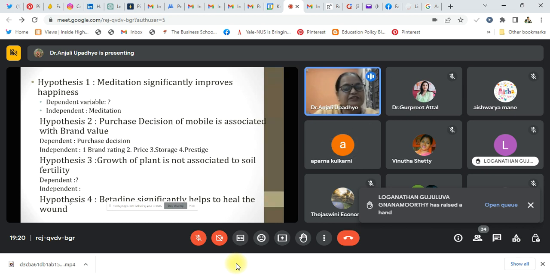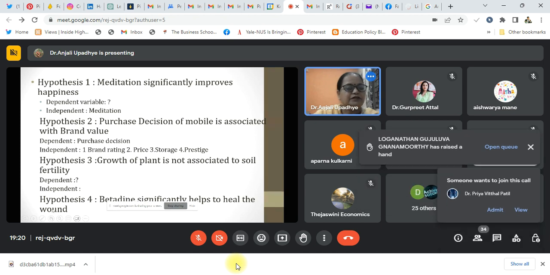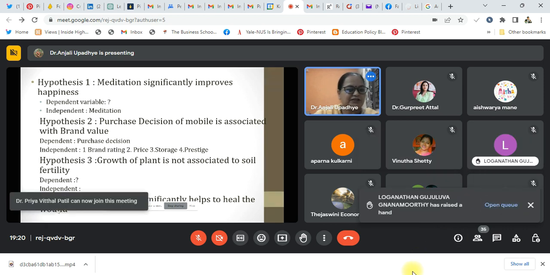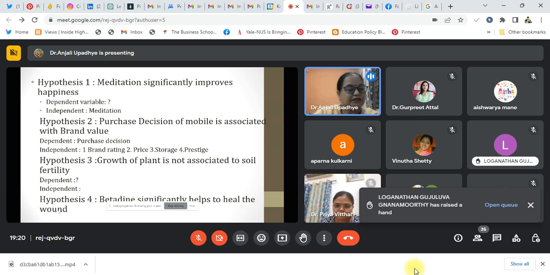So the efficacy of betadine is the dependent variable, because the wound has different independent variables. Suppose a wound is there, then the size of the wound, the color of the wound, there may be discharge in the wound, swelling may be there, tenderness may be there. These are the independent variables.